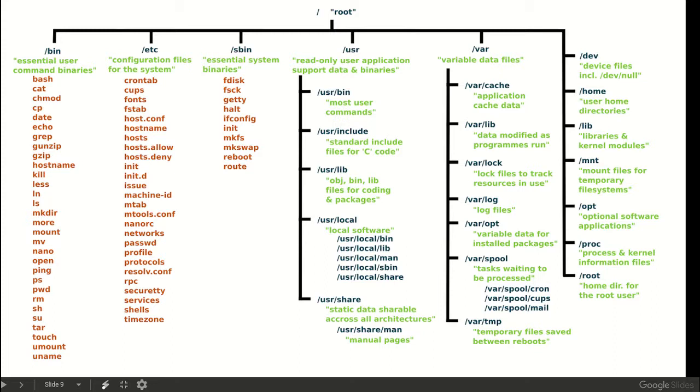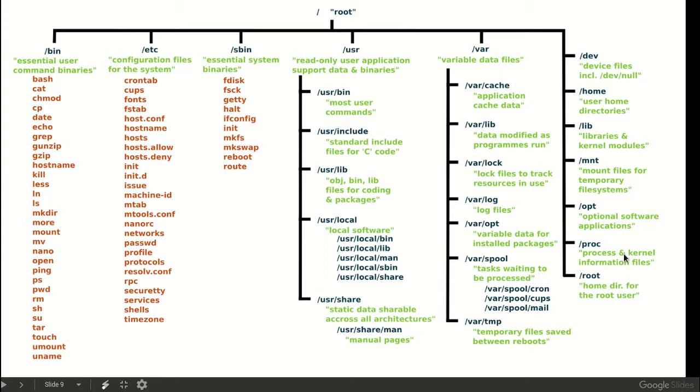Again, you also play around with those. And then we have our dev folder, where we have the device files, and then the home directory, where there is the information of the users of the system who are not the super user. The super user's information will be in the root directory. And then we have our opt, where we have optional software applications.